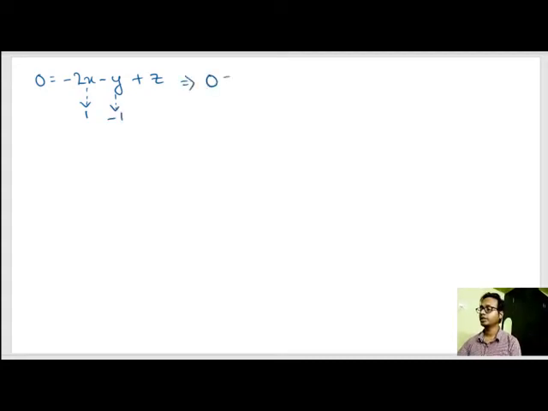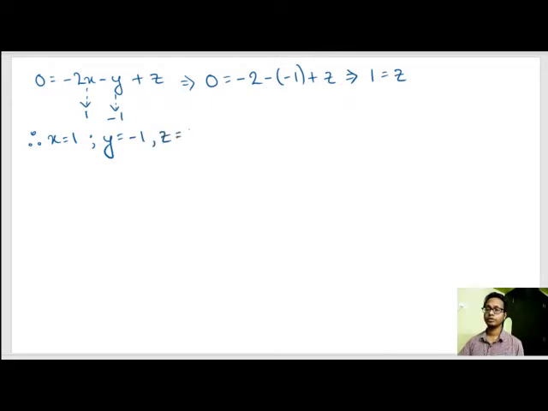So 0 is equal to minus 2 minus of minus 1 plus z, or z is equal to 1. Therefore x equals 1, y equals minus 1, and z equals 1.